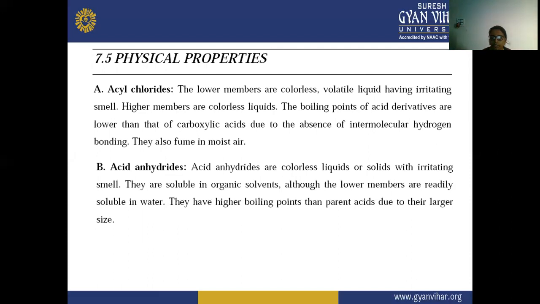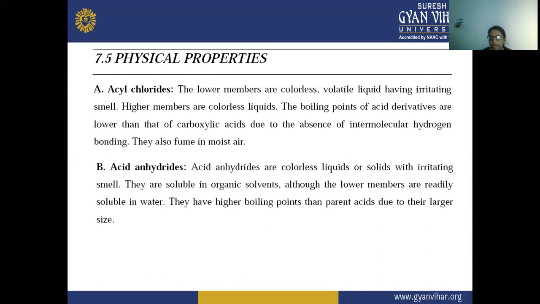In the case of acid anhydride, the acid anhydrides are colorless liquids or solids with an irritating smell, and they are soluble in organic solvent, although the lower members are readily soluble in water. They have a higher boiling point than the parent acid due to their larger size.